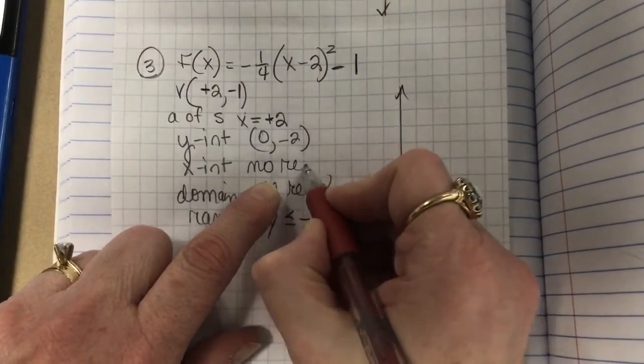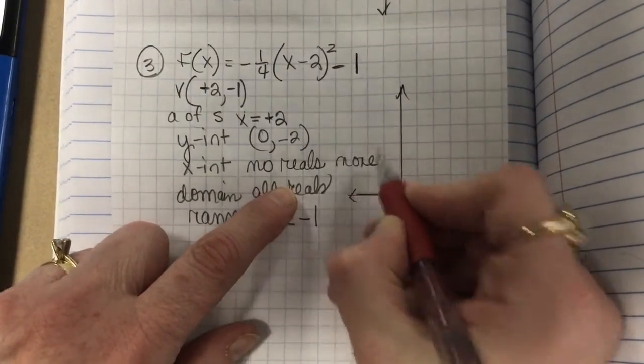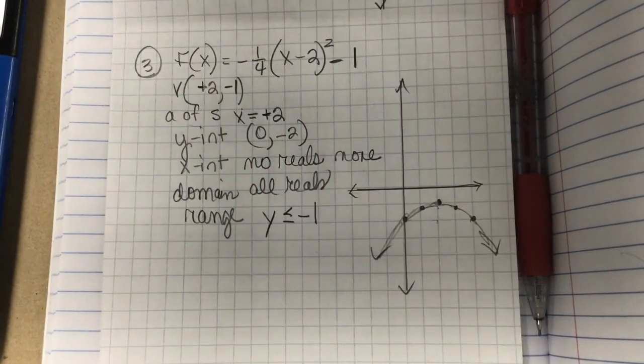And so I'm just going to say no reals. Now, if you say none, I'm fine with that because there are none that would be on this graph. But that's where the quadratic formula kind of helps you a little bit. But it all goes back to the factoring concept and all that kind of stuff. And they're actually two imaginary. You can actually say it that way.